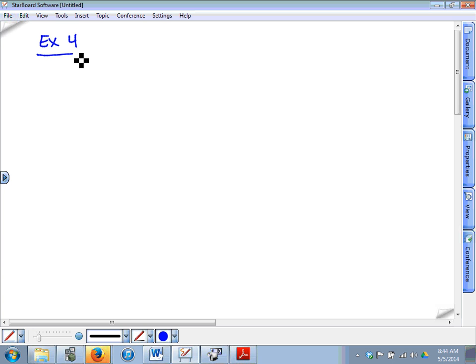Example 4. I'm going to mix things up here a little bit. Let's say that Z1, same directions, is equal to square root of 2 minus the square root of 2i.